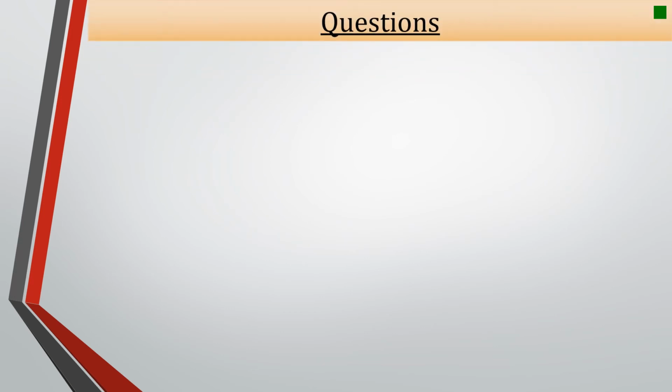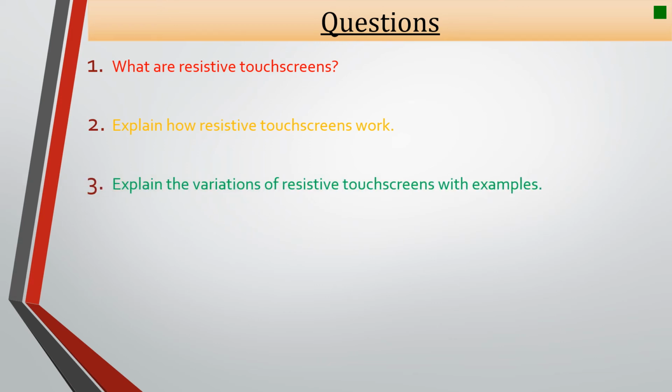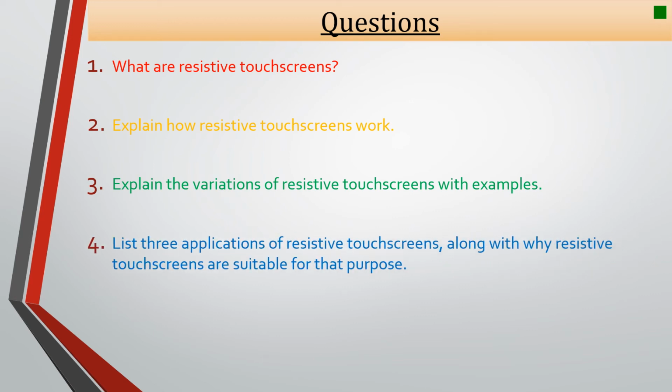Here are some questions to test your knowledge on resistive touchscreens. If you listened to this presentation and watched it very carefully, you should be able to answer the following questions. What are resistive touchscreens? Explain how resistive touchscreens work. Explain the variations of resistive touchscreens with examples.